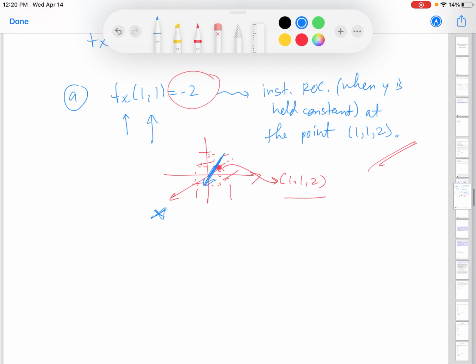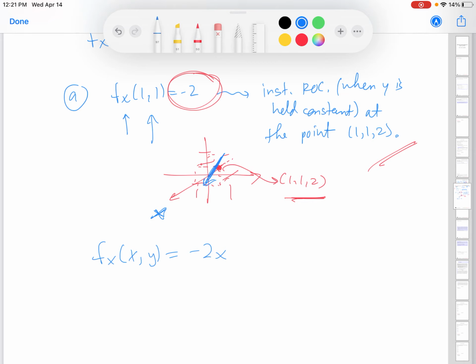And then this person might even take it a little further, and they might say, oh, so what's the partial derivative there? And you would say, oh, fx of x, y is minus 2x. So you could actually, using this instantaneous rate of change, predict the change in the function's values if you moved a little bit further away from this point in the x direction.